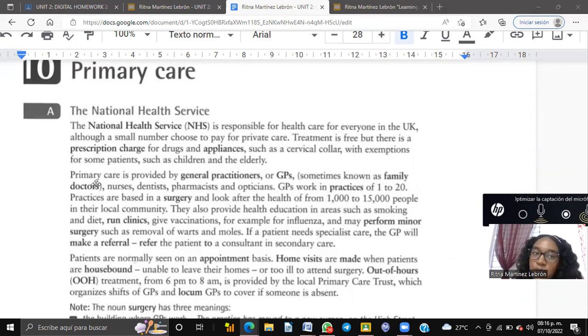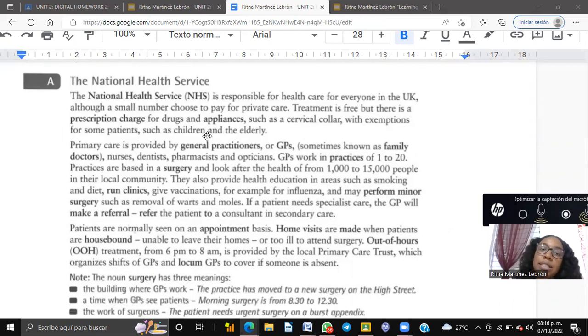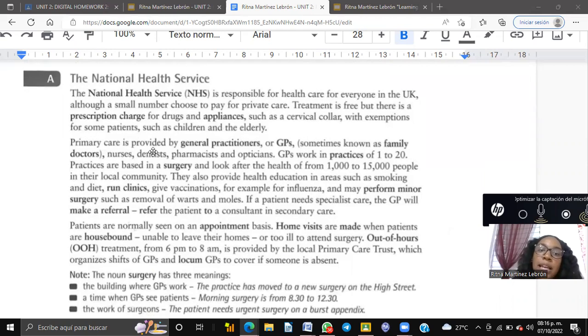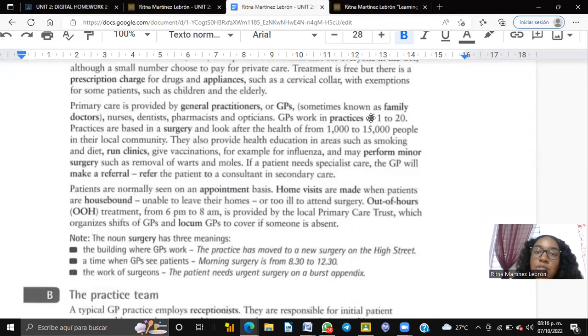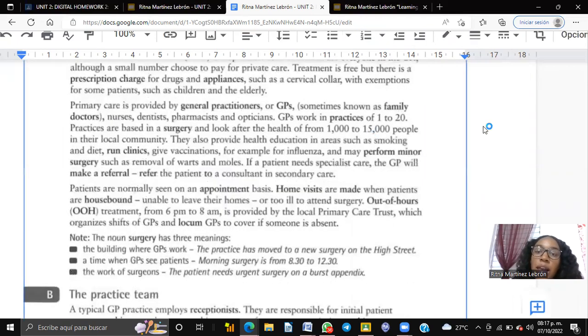It is free for some patients, such as children and the elderly. Primary care is provided by general practitioners, or GPs, sometimes known as family doctors, nurses, dentists, pharmacists, and opticians. GPs work in practices of one to twenty.